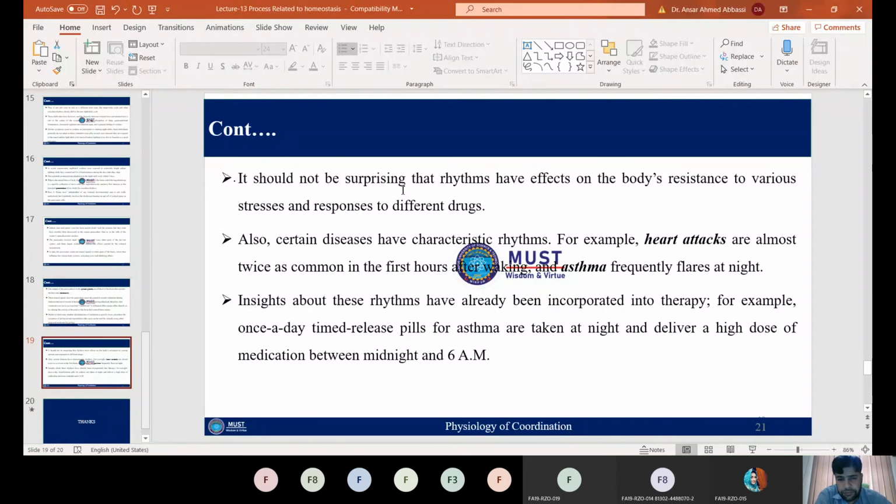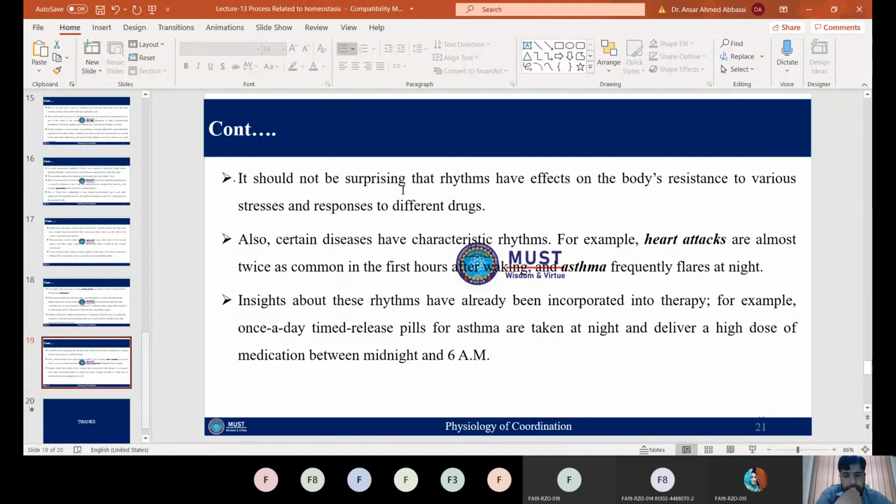So if we look at pills for asthma taken once a day at night, and similarly a high dose of medication between midnight and 6 a.m., these are for heart attack and the pills for asthma.